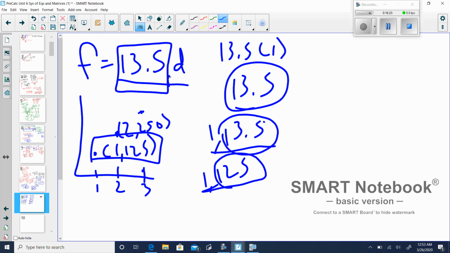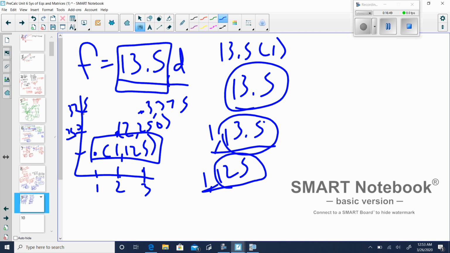Sounds like a lot compared to us humans. But when we look at the elephant's values, we're increasing by 125 every time, right? So as we go from 1 to 2 on the x-axis, our y values go from 125 up to 250. We go from 2 to 3, we shoot up again from 250 to 375.